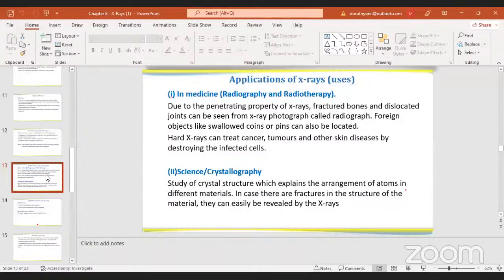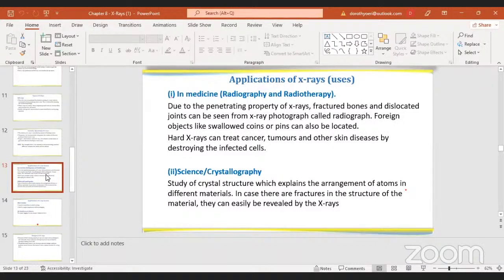Normally if a physician suspects that you have a fracture, they send you for an X-ray. They'll take the photograph. Due to the penetrating property of X-rays, fractured bones or dislocated joints can be seen from the X-ray photograph or radiograph.